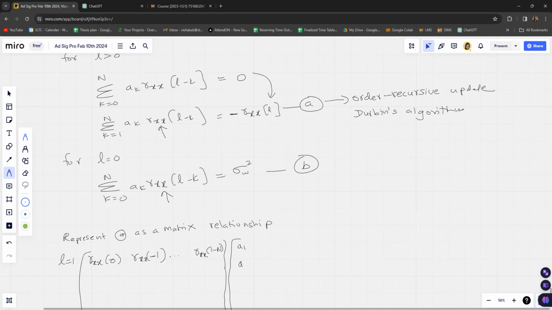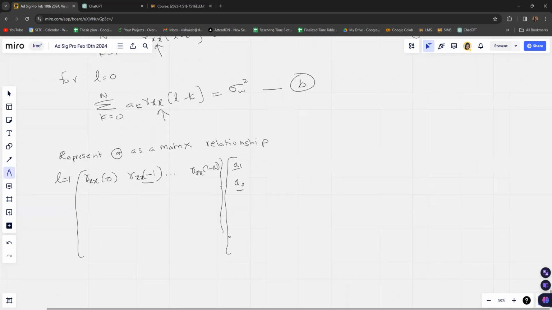So in here, we have to get the same expression as A. So we have to multiply this Rxx with the A1 coefficient first, Rxx minus 1 with A2, likewise up to An. We have to keep the coefficients in this vector in here.